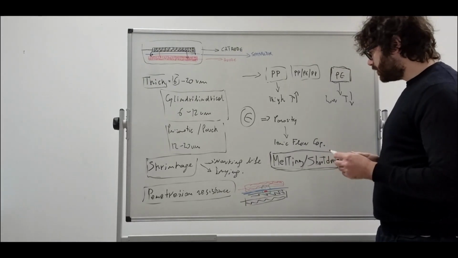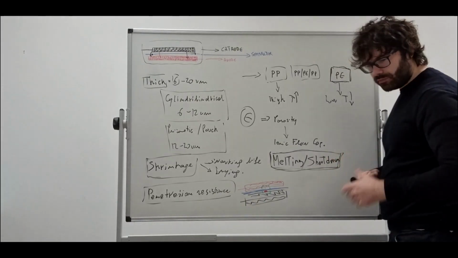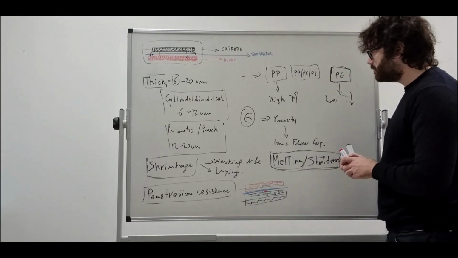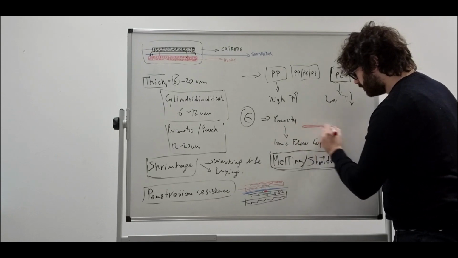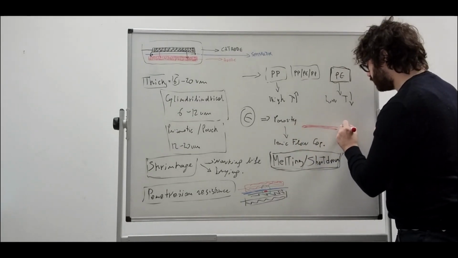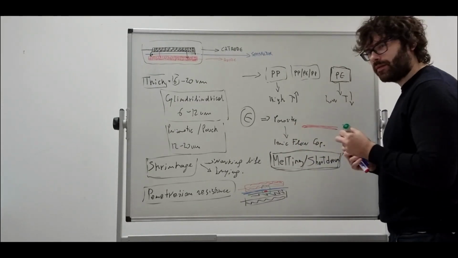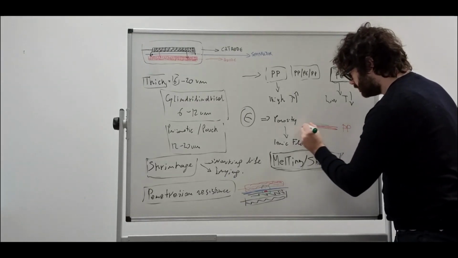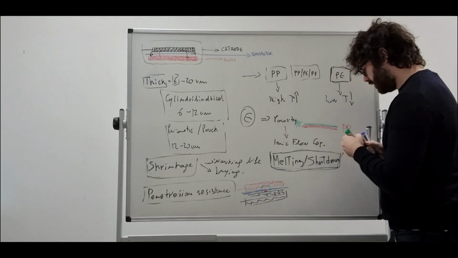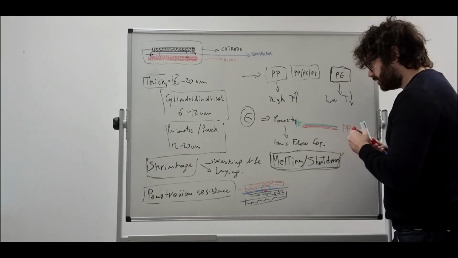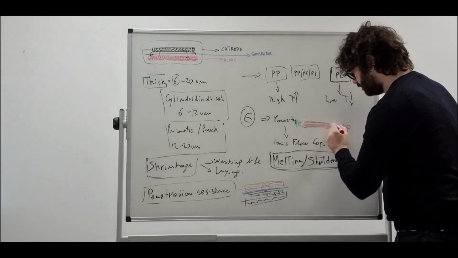Okay, so let's assume that we have a 3-layer separator. Okay, so this is a polypropylene. Okay, and this is a polyethylene, and again a polypropylene.